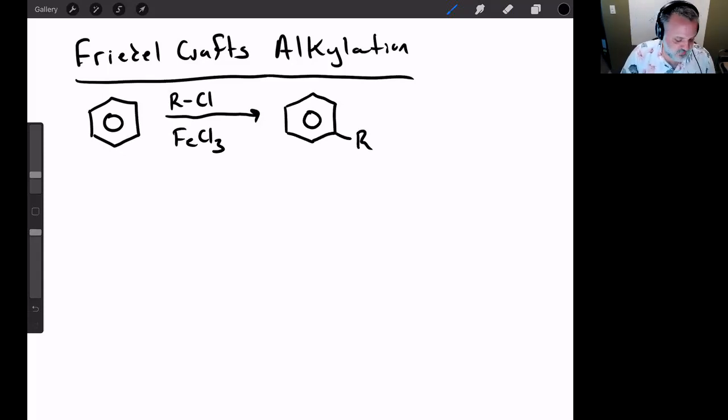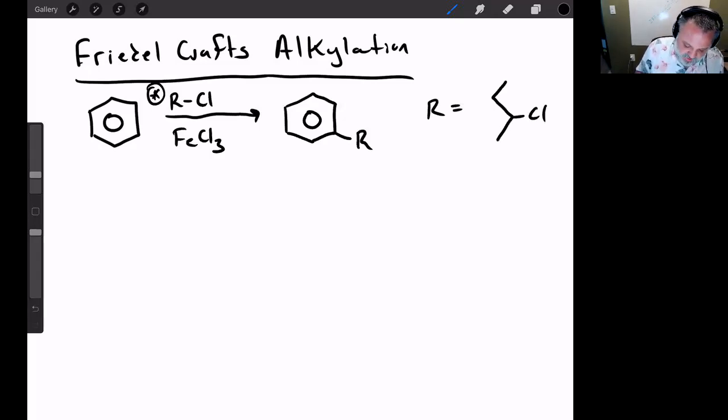Okay, this is pretty neat, but there are some limitations. The first thing I want to talk about is the limitation in this alkyl group. The reason there's a limitation is that it involves the formation of a carbocation. Let me show you what I mean by that. Let's take this R group and make it a chloride like that.